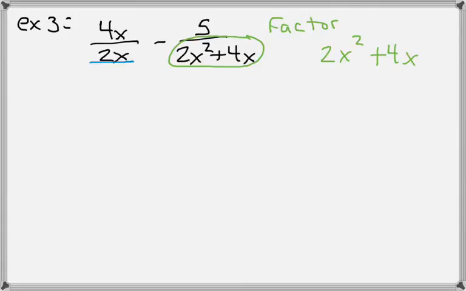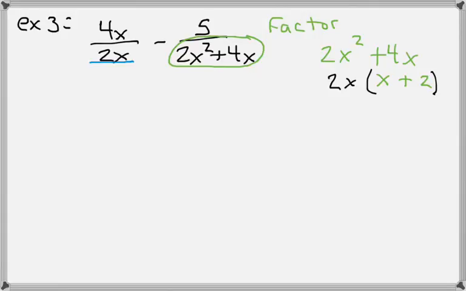In this instance, I can factor out a 2 and I can factor out an x. And if I do that, that's going to leave me with an x and a positive 2. So our denominator that I've circled there in green factors down to a 2x times, in parentheses, an x plus 2. So I'm going to go ahead and replace that.